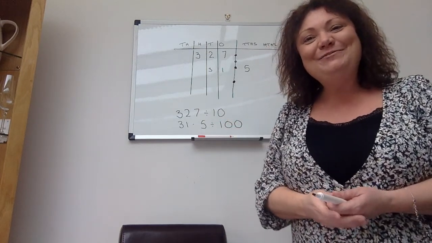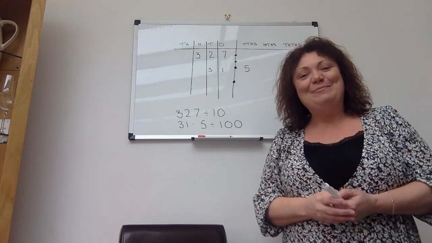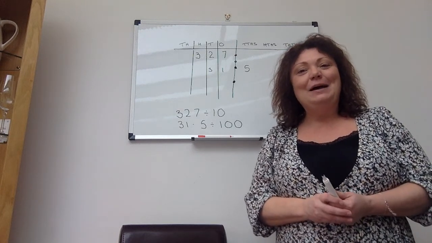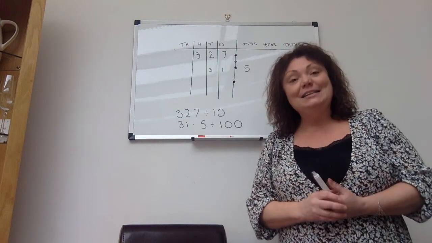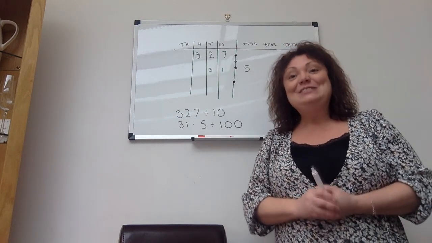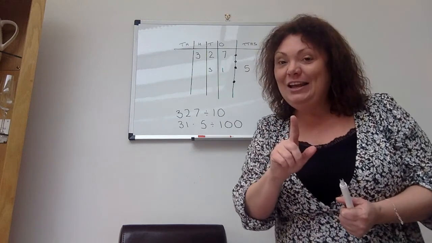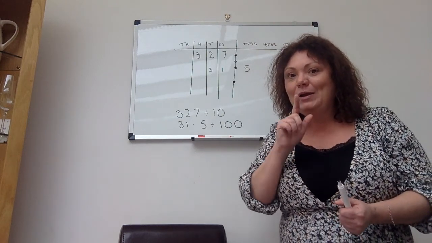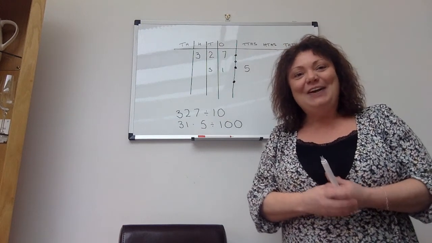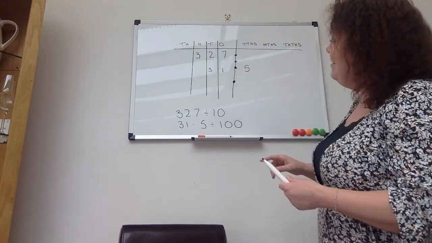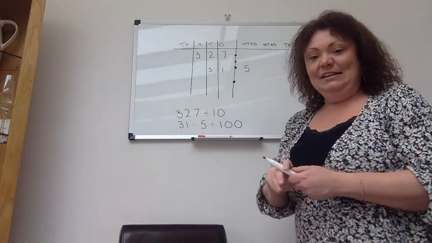So if we are dividing by a number, we are making that number bigger or smaller. What are we doing? If we're dividing, we are making it smaller, aren't we? So that might give you a bit of a clue into what way we are moving this number on the place value chart. So have a little look. We have got 327 divided by 10.